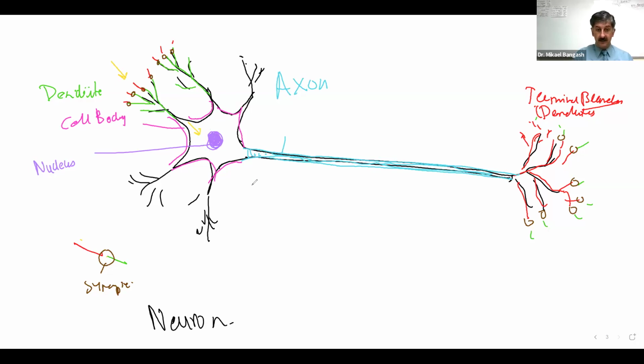That signal will then travel down the axon, and of course be delivered to the terminal branches, where it is going to go through the synapses. I mean, it will be forwarded onto other nerves via their dendrites that fall in the network. So this is pretty much the flow of the signal in our nerve.